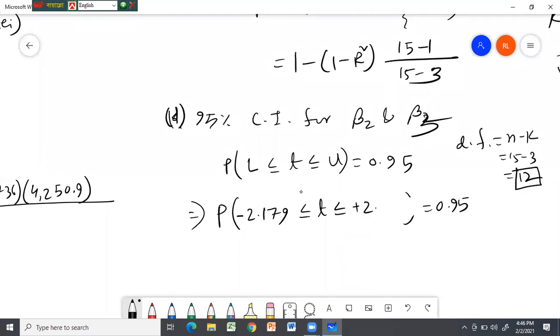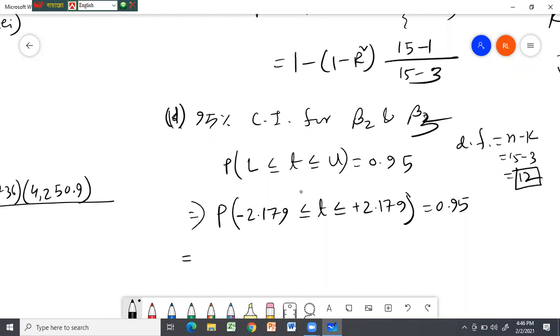Minus 2.179 plus 2.179. Okay, because you have not been asked to move in any other direction, you have been asked to calculate the 95% confidence interval for beta 2 and beta 3, so by default always go for two tail test, okay, if there is no clue given.